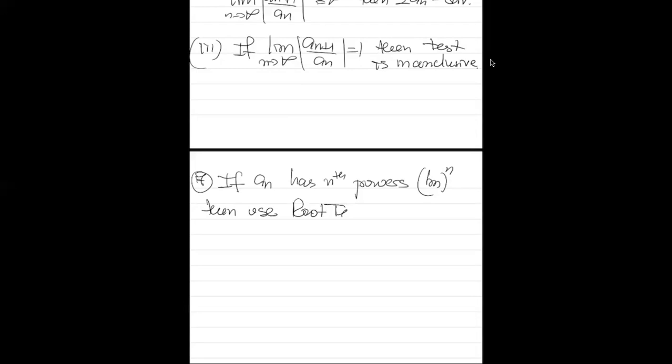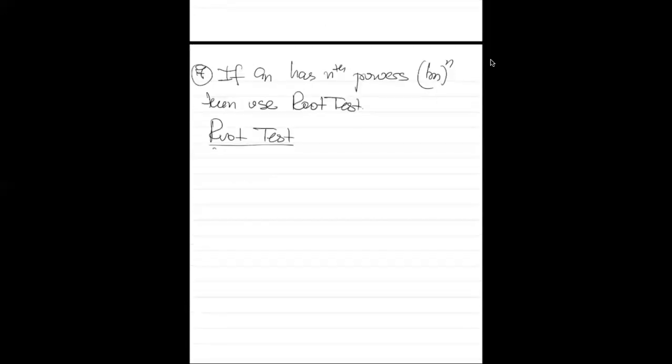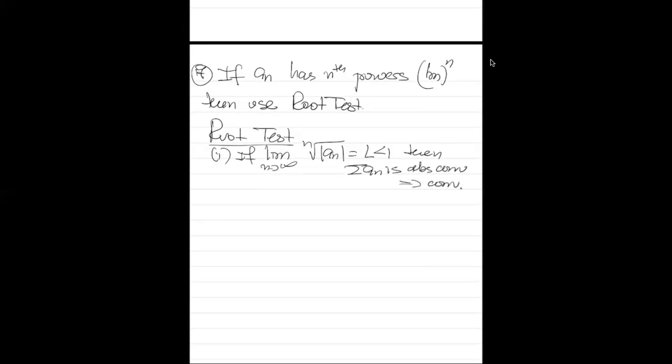Very similar to the ratio test, 3 cases. If the limit of the nth root of the absolute value of a sub n is some number L less than 1, then our series is absolutely convergent and therefore convergent.